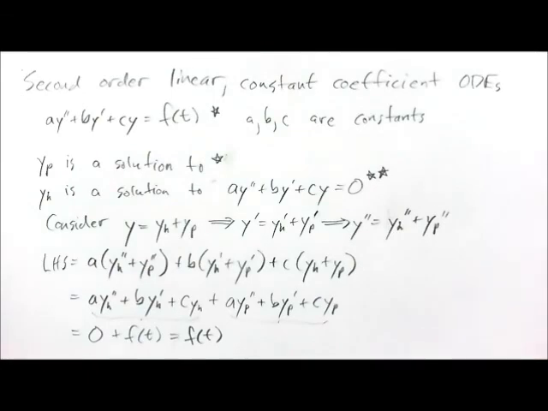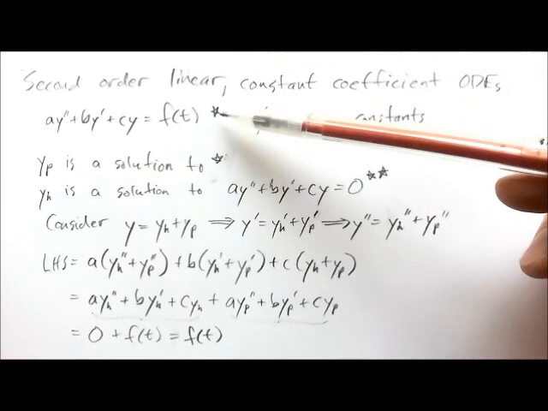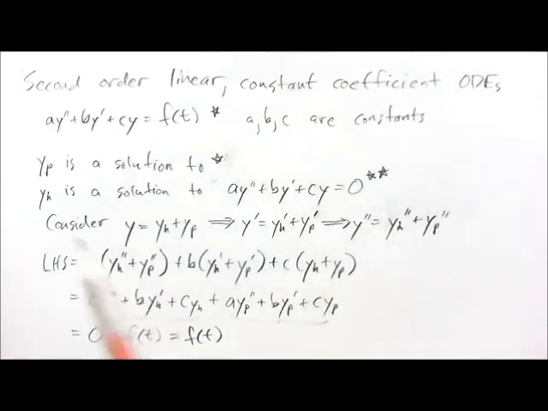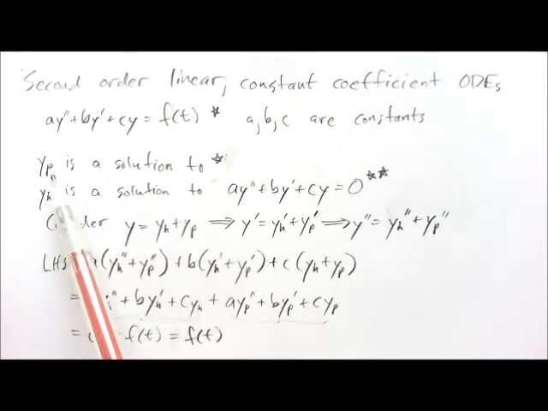So our strategy is that we're going to find our homogeneous solution, y sub h, and then find a particular solution, y sub p, and then our general solution is going to be y sub h and y sub p added.